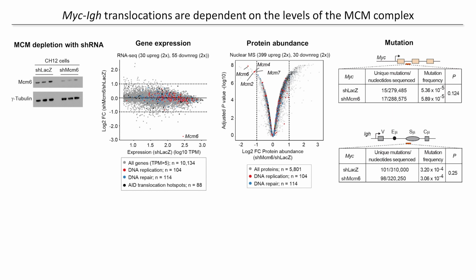We also knew that mutation, that is to say the targeting of the enzyme AID, both at MYC and at the immunoglobulin heavy chain locus, was basically the same. It was unchanged upon the depletion of the MCM complex. So we knew at the time that the defect in class switching that we had seen was not because of defects in mutagenesis. So it was something downstream.